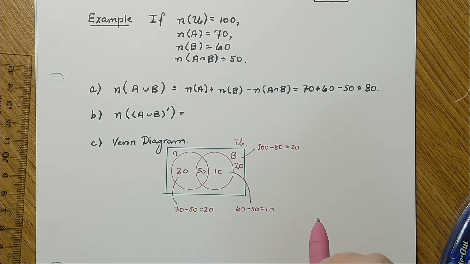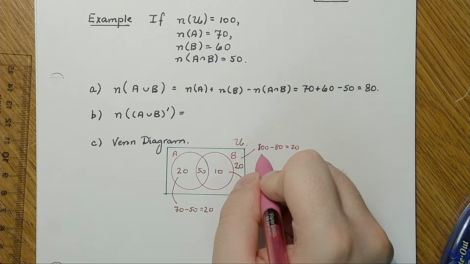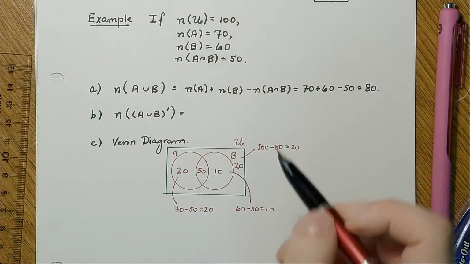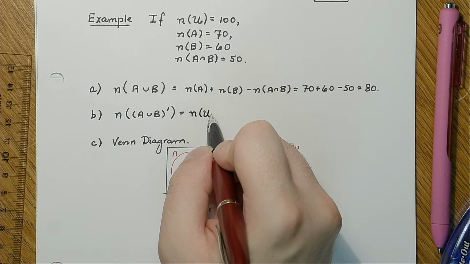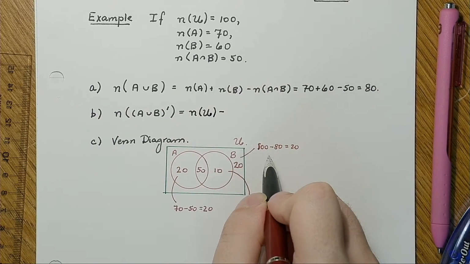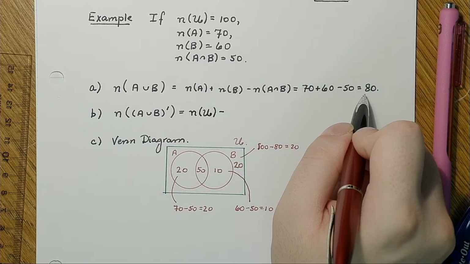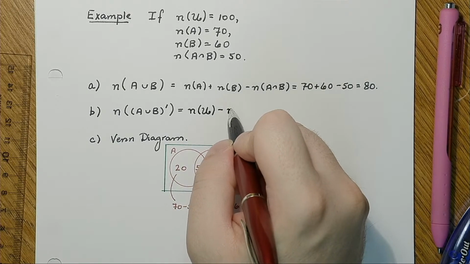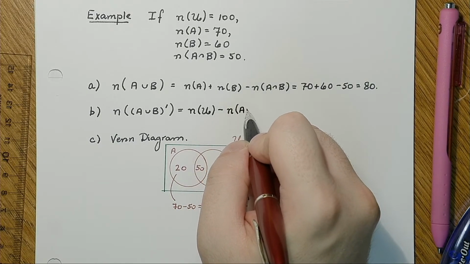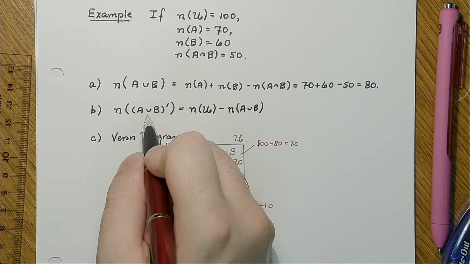But really what I've just done there was I took the universal set, the total number that I had, and I subtracted 80, which was the union of it, the A union B. And this makes sense because this is everything outside of the union.